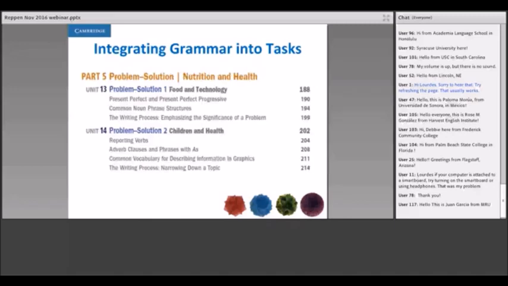Or if you think about problem solution, if we look at the types of features that are present in problem solution writing, we'll notice that we use present perfect and present perfect progressive together.